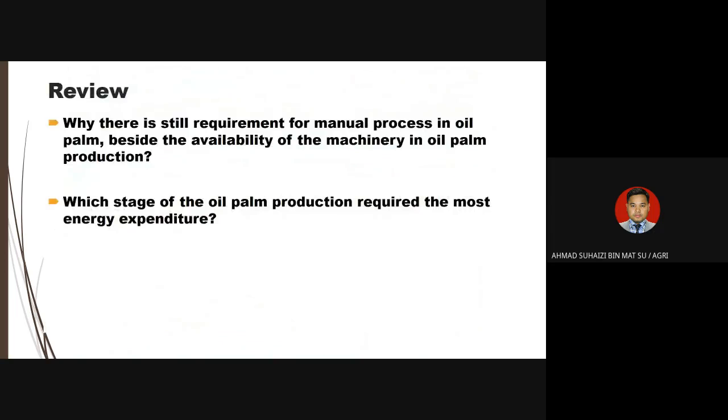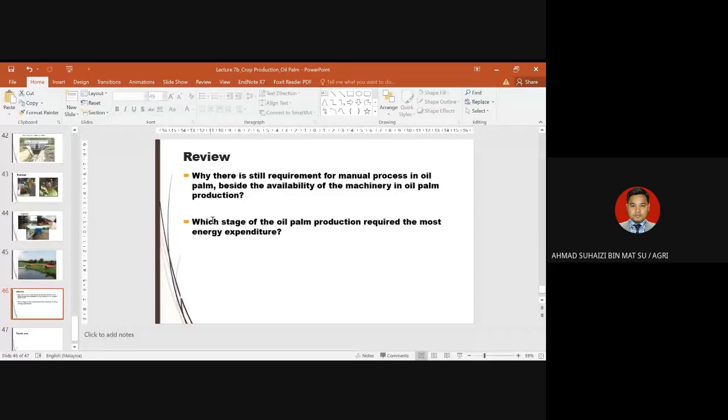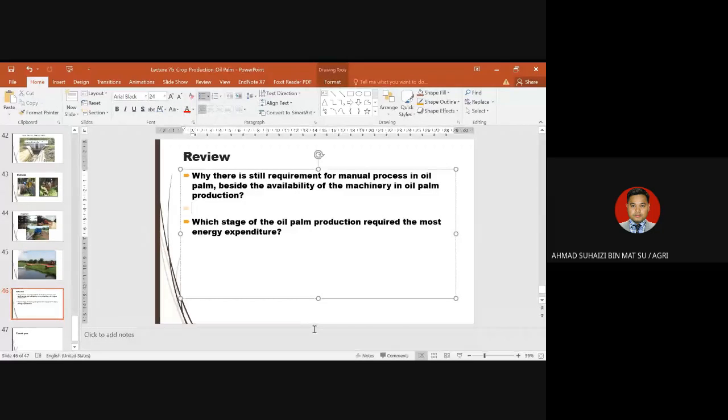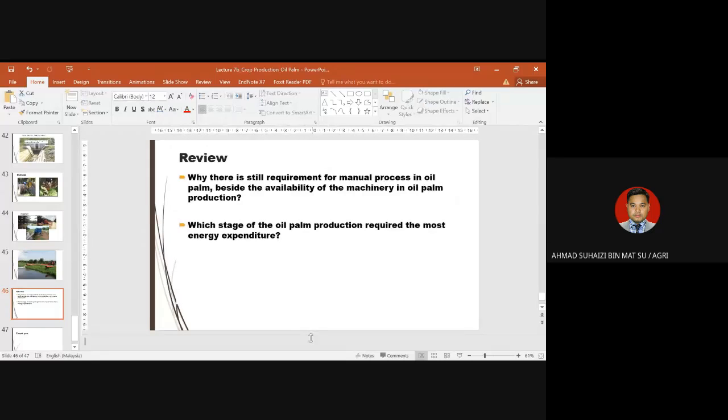Okay. All right. As a review, why is there still a requirement for manual processes in oil palm, besides the availability of machinery in oil palm production? Anyone would like to answer? Anyone?